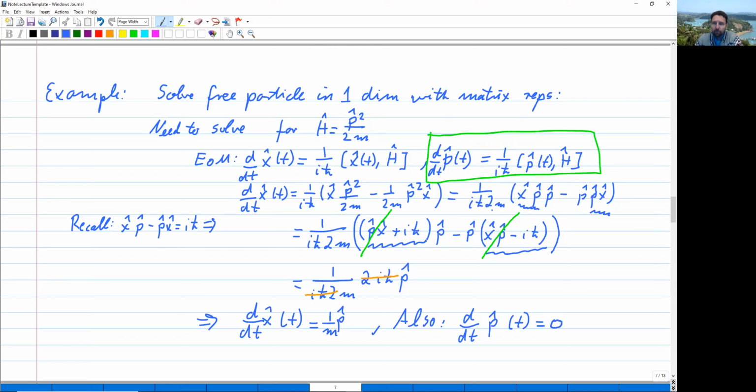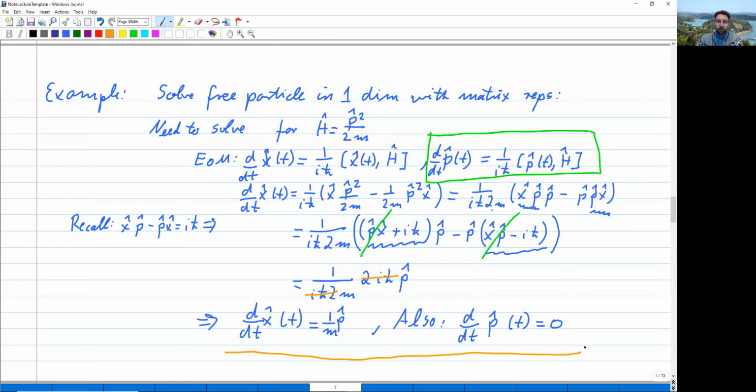And again, we should not be surprised about this because, of course, in classical mechanics, the momentum doesn't change either for a free particle. It's not exposed to any forces, so its momentum stays constant. All right, so what we have recovered here is something we could have guessed from the beginning, but I still felt it good to show you exactly how it works out if you want to do it.